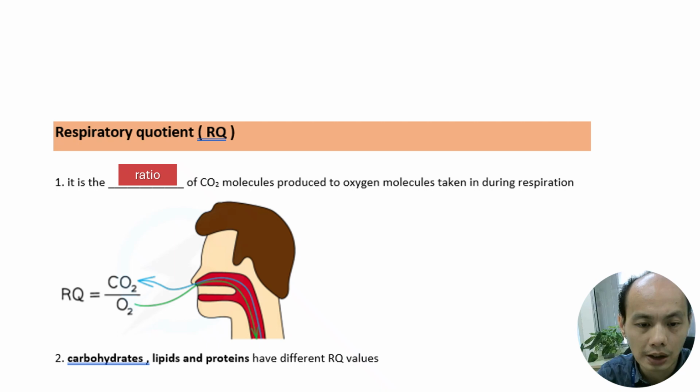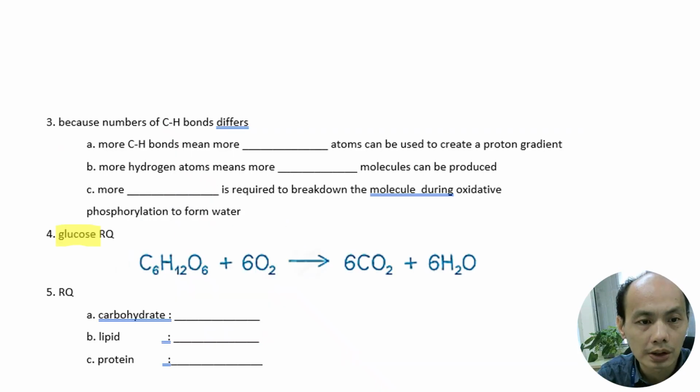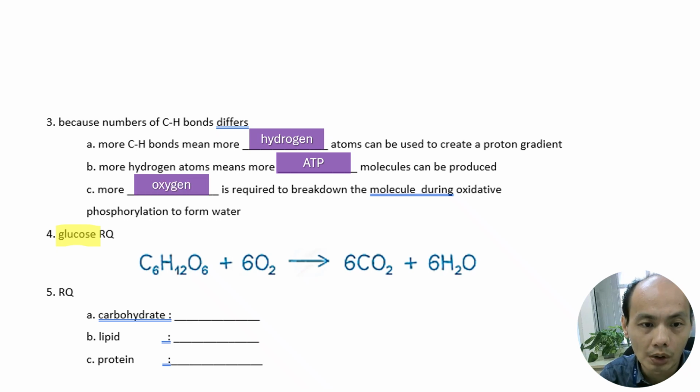Carbohydrates, lipids, and proteins have different RQ because the number of C-H bonds differs. More C-H bonds means more hydrogen atoms. For example, lipid has more because of the long hydrocarbon chain. More hydrogen atoms means more ATP molecules can be produced, and more oxygen is required to break down the molecule during oxidative phosphorylation.